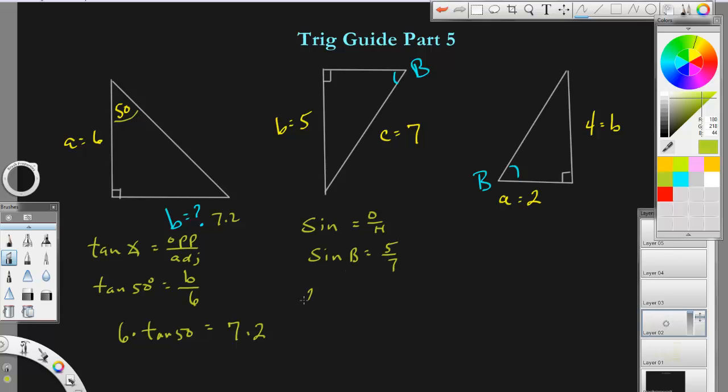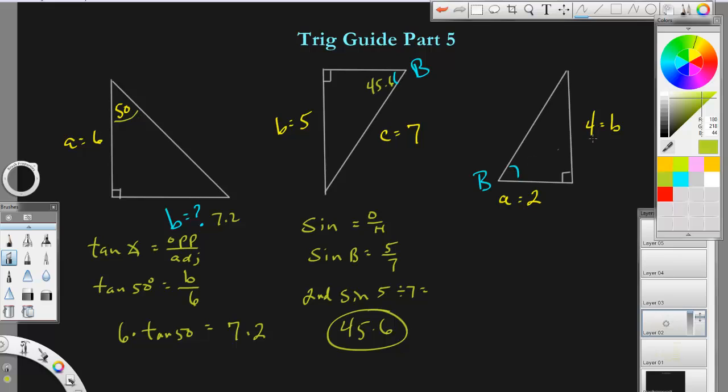And remember, that's second sine of 5 divided by 7 equals. So that's how you do that. Second sine 5 divided by 7 equals, and it's 45.6. It's a good review. Should go back and try all these again.